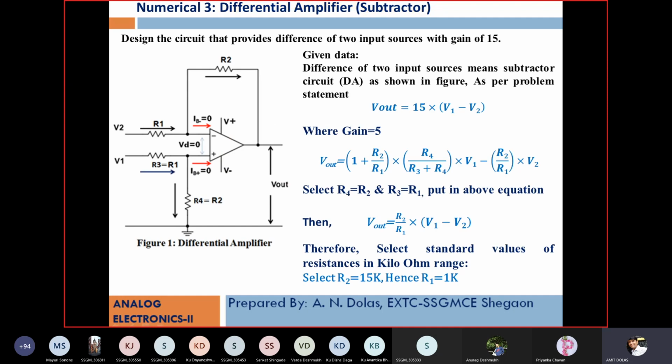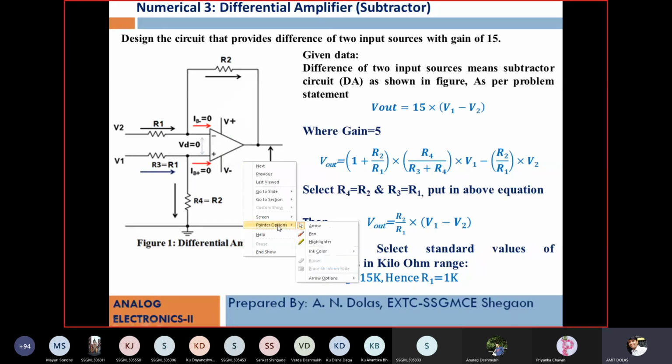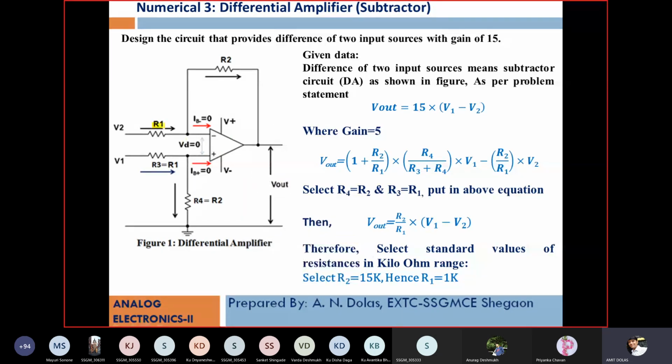A gain of 15 means it is the multiplier of V1, and it is the multiplier of V2 as well. So the better way here: you can see R1 and R2 in the circuit, and here were R3 and R4, but R3 is nothing but R1 and R4 is nothing but R2. So I have only two values of resistance, R2 and R1, in the network.